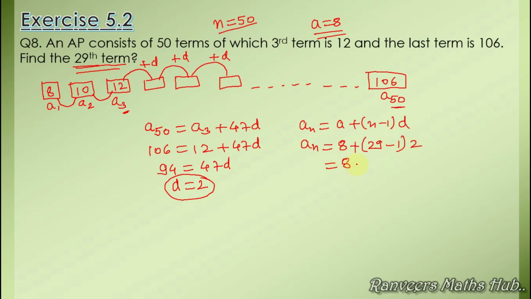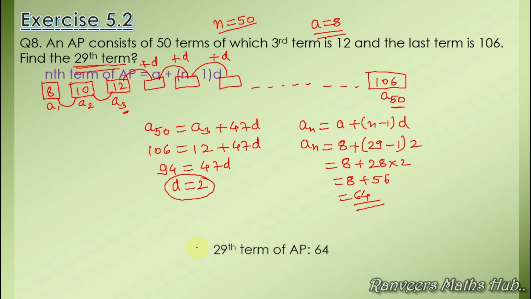So it becomes 8 plus 28 multiplied by 2, which is 8 plus 56, and that is 64. So the 29th term of this arithmetic progression is 64. In this way, by using one single formula, we can solve all the questions of arithmetic progression.